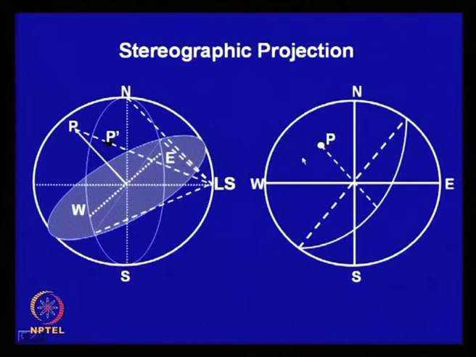This point P comes here, that means this pole is represented by its projection in 2D like this, and this great circle is represented here as a plane. We will see later that this is an angle through projection, and P is normal to this plane. So, this angular relationship must be maintained. Here we will see that the angular distance between this and this great circle will be 90 degrees.